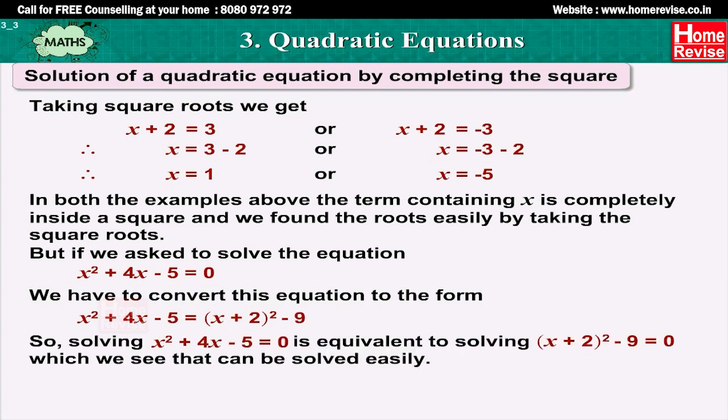So, solving x squared plus 4x minus 5 is equal to 0 is equivalent to solving (x plus 2) the whole squared minus 9 is equal to 0, which we see can be solved easily.